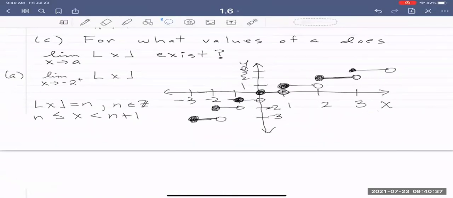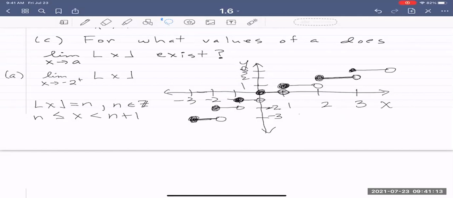So I'm going to approach this way. Okay, so let's see if I'm approaching 3 from the right side. Oh, I'm sorry, from the left side. It's negative, so it's from the left side. So if I'm approaching 3 here from the left side, notice my y values are always equal to 2. So this is just equal to 2.